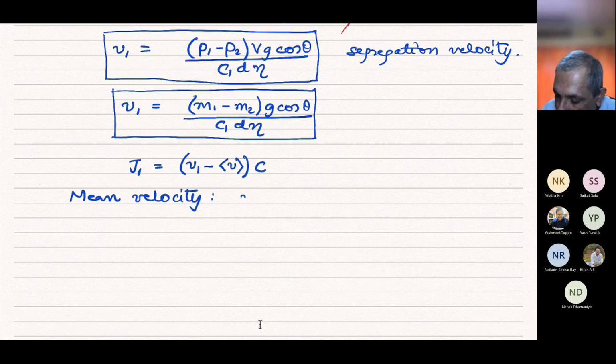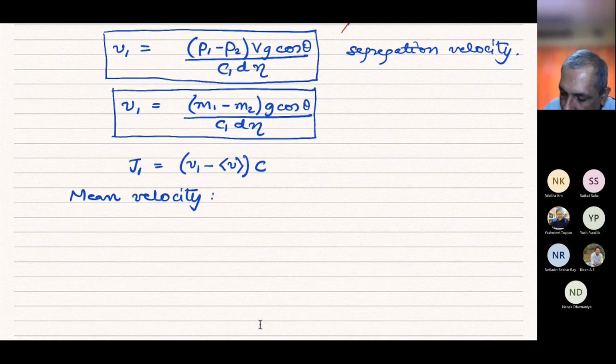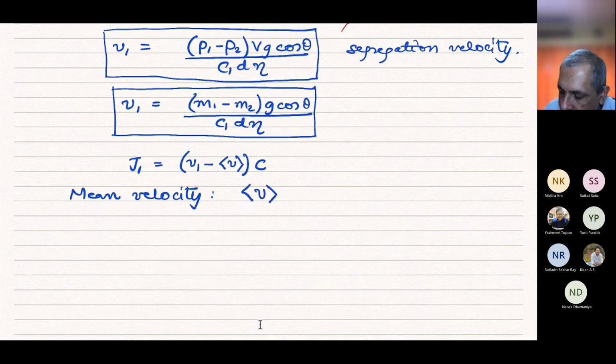So that will be V1 times the concentration of 1. This is the mean velocity.